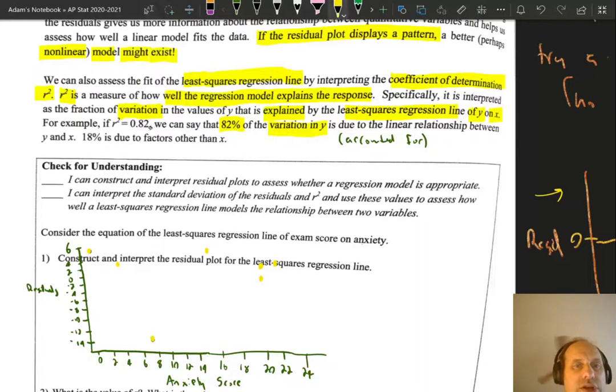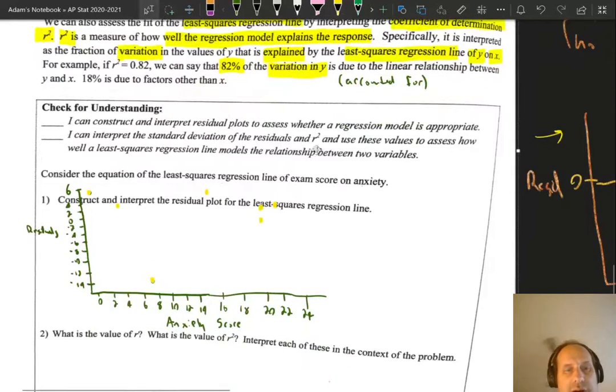For example, if r squared is 0.82, we can say that 82% of the variation in the response variable is accounted for by the linear relationship between y and x. You don't need to say the 18% part.